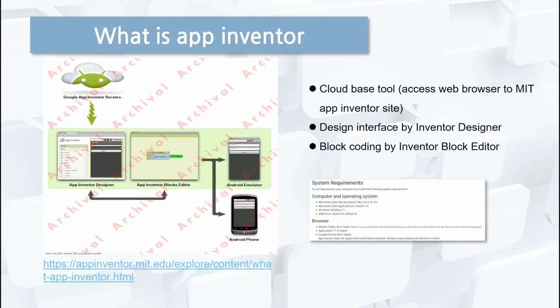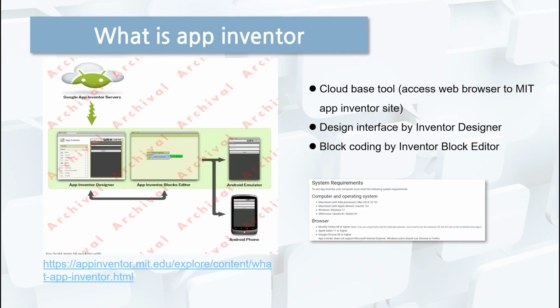Okay, now let's have an overview of App Inventor. App Inventor is a cloud-based tool that connects to the App Inventor website so that you can design the UX using the App Inventor Designer. Based on the designed interface, you create the computer program logic required for each component in the block editor to provide the necessary service to the user.